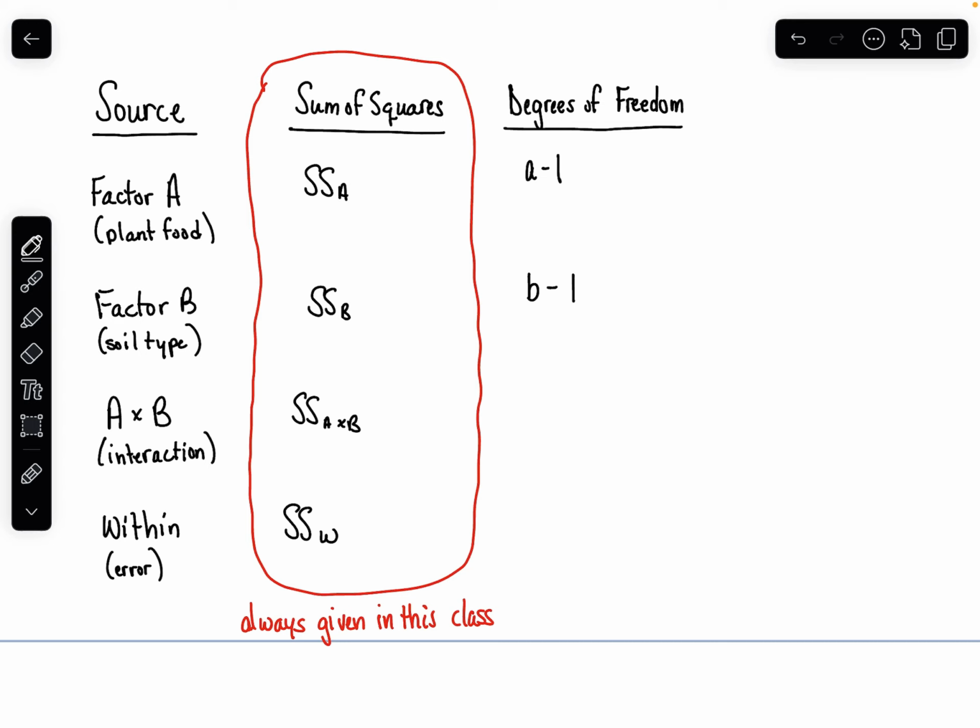In the interaction, as A cross B would imply, it's sort of like A times B, and in fact, that's what we do with the degrees of freedom. We're going to take A minus 1 and B minus 1 and multiply them together.